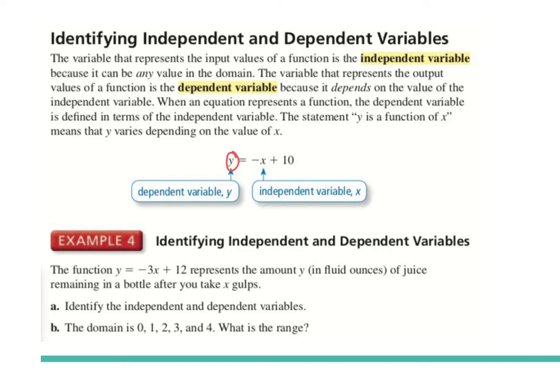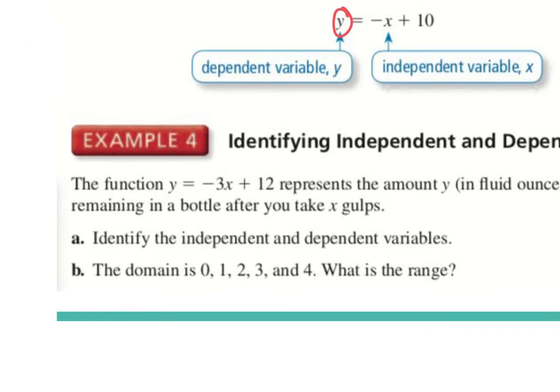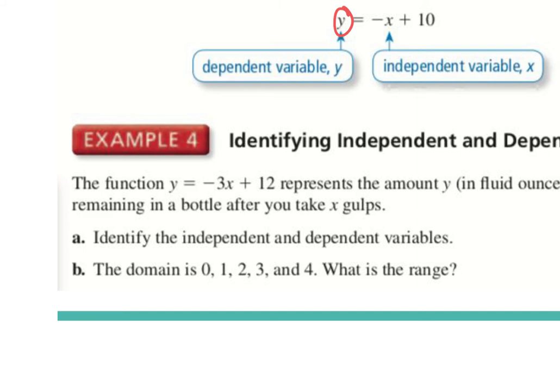So let's identify independent versus dependent variables. In the function y equals -3x plus 12, our function is doing this, and our input values would be x. Our output is going to be what's over here on the other side. This is our output, and that will be y.